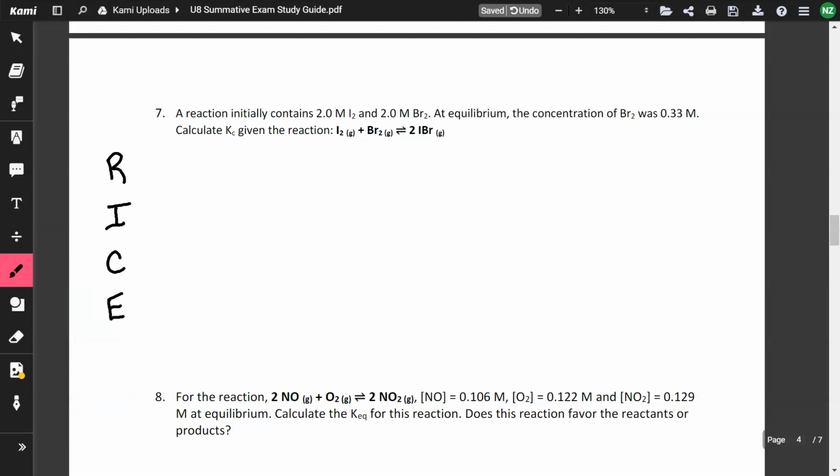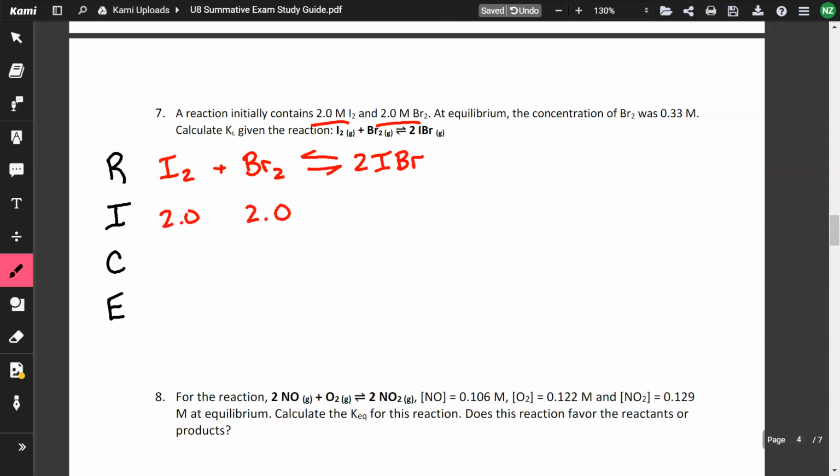And the reaction is I2 plus Br2, and that goes to 2 IBr. It tells us in the question that we have these initial concentrations.